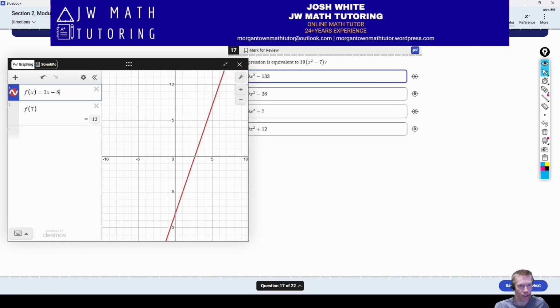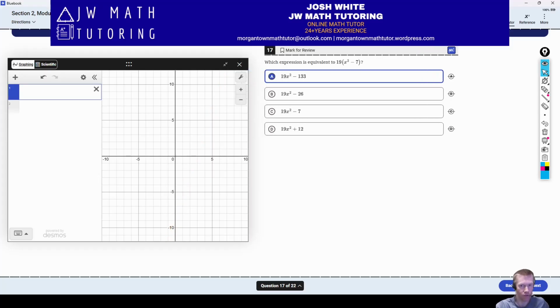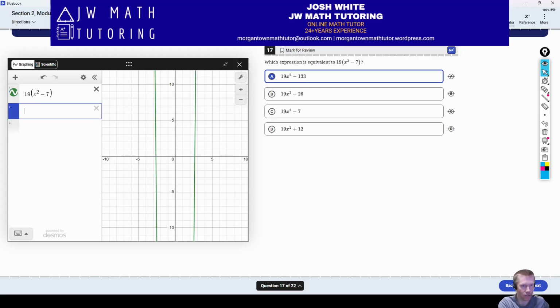However, this is one that can also be solved in Desmos. So what you would do is you would type the original expression. This is basically matching expressions, this technique. And then you go through and you type the answer choices, and you see which one overlaps the original expression completely.